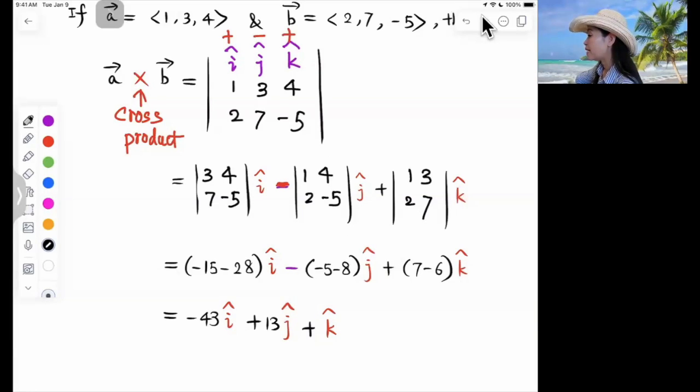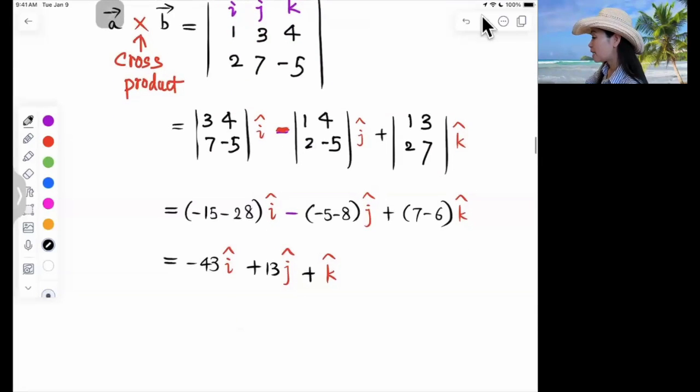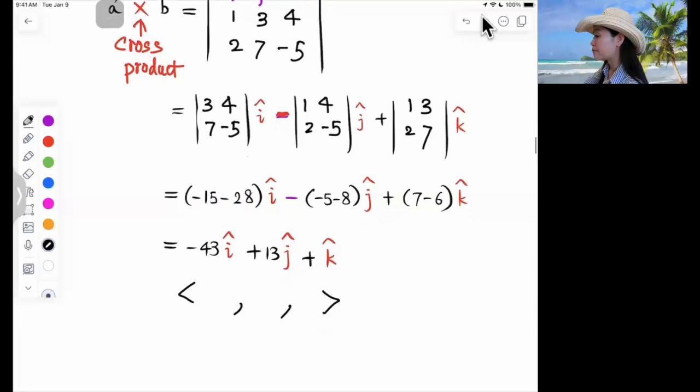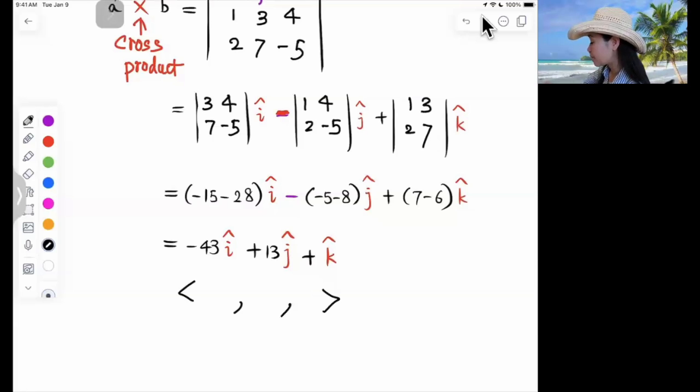And finally this will be the vector. You can put it in the IJK form, or in the angle bracket form. If I put it in angle bracket form, what will be the first component? Negative 43. The second one, 13, and the last one, 1. So both represent the same vector.